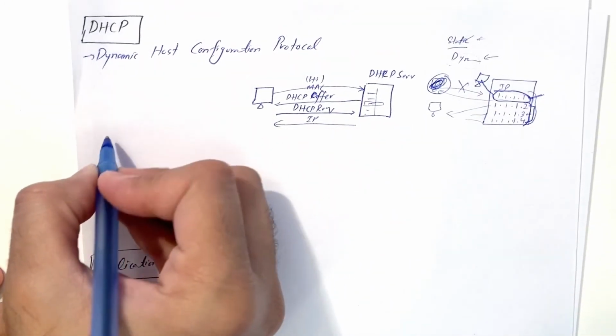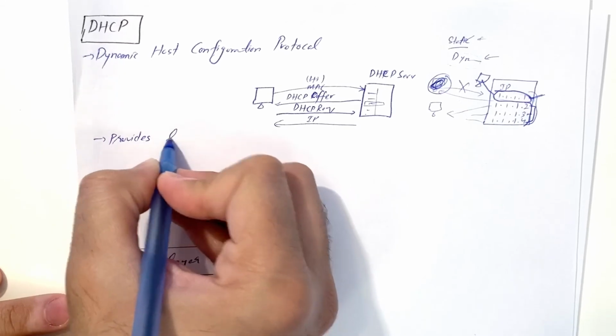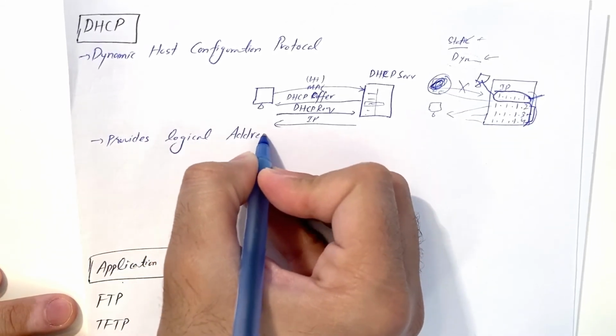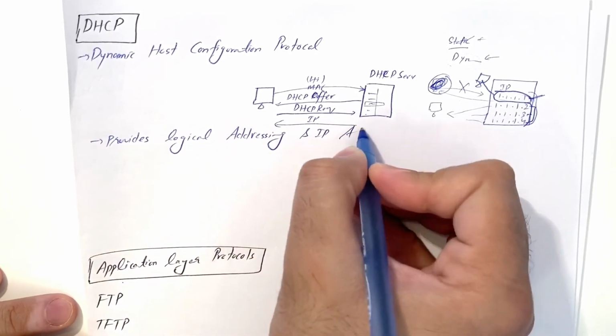So the definition of DHCP is that it provides logical addressing, and IP addressing.